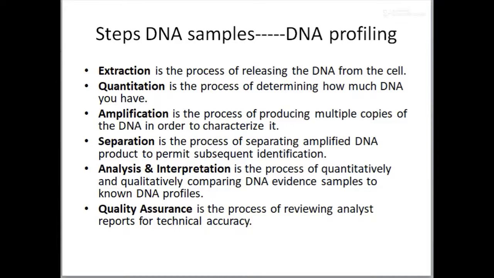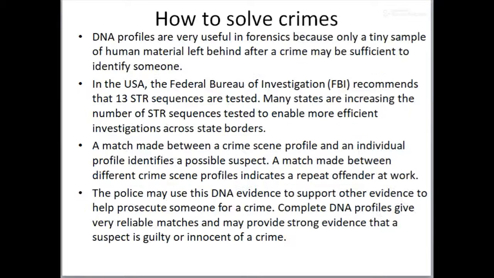Let me just conclude with this. You extract the DNA, and of course you have to quantitate the DNA before PCR. You do the amplification using PCR and separate it by electrophoresis. Then you get the DNA profile, analyze and interpret it, and check whether the quality is correct. Now, how can this be used to solve crimes?